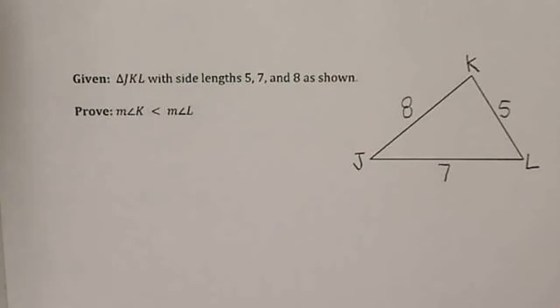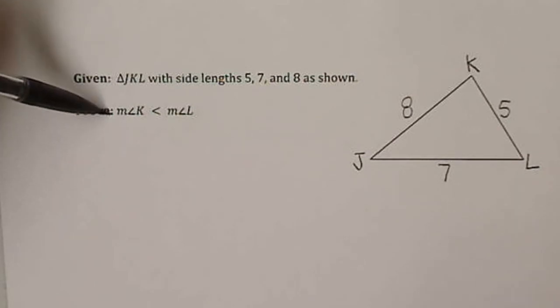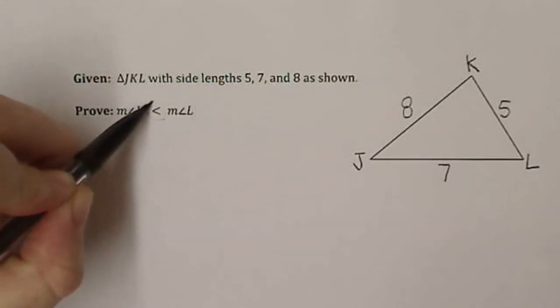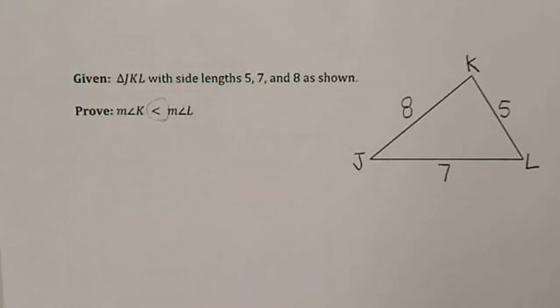We are given that triangle JKL has side lengths 5, 7, and 8. We want to prove that the measure of angle K is less than the measure of angle L.